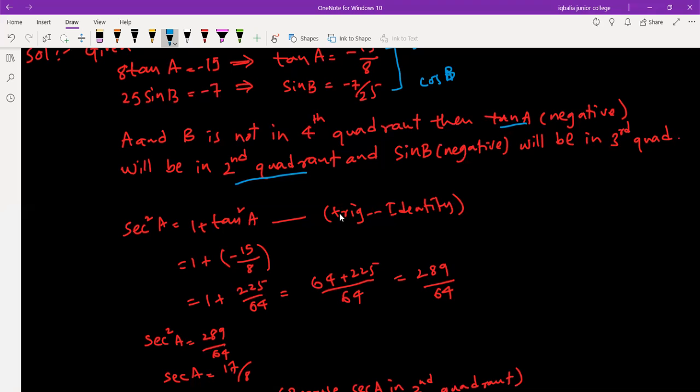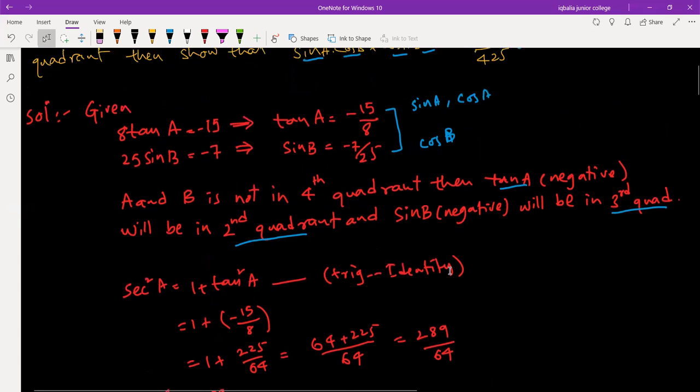Okay, and sin B negative is only in third quadrant and fourth quadrant, but in the question it is given that B is not in the fourth quadrant, that means it will be in third quadrant.